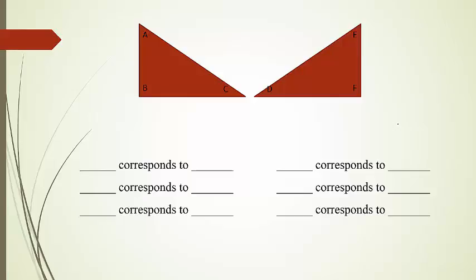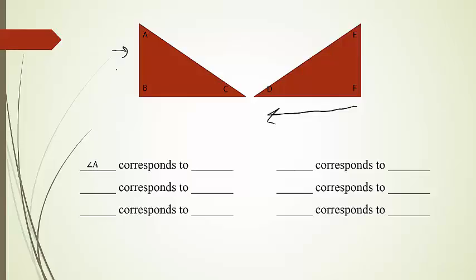So I have a picture of two triangles, and you can see that if I were to flip this triangle, basically flip it over like I was turning a page in a book, it's going to lay perfectly on this triangle. And so we want to figure out, all right, what angle is going to lay on top of angle A?